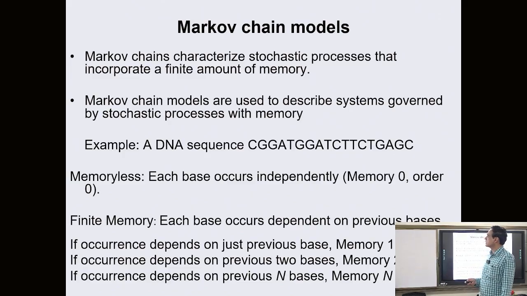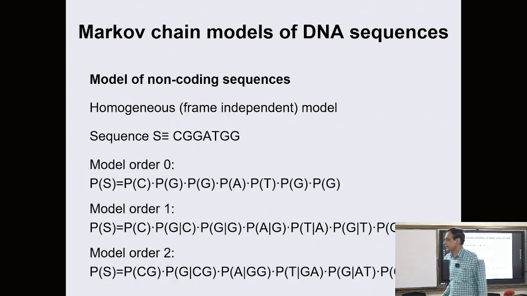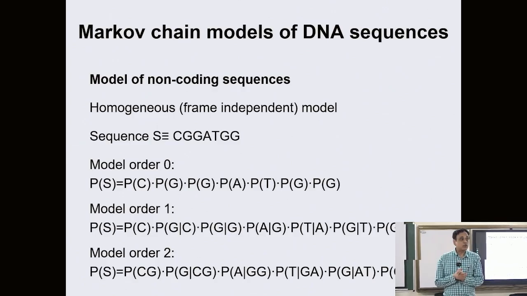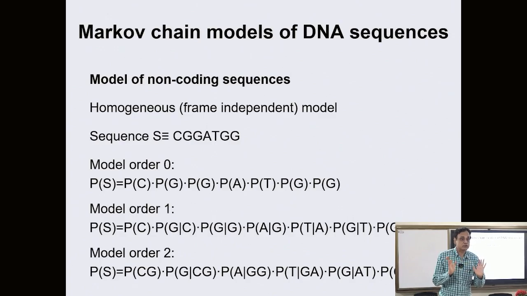If you understand this, then I can move ahead and let you know that Markov chain models were used for describing non-coding sequences and also protein coding sequences. So in the non-coding sequences, as I just showed you and told you, the probability distribution of nucleotides across the 3 frames is more or less similar. Which means that you don't have to consider the codon positions.